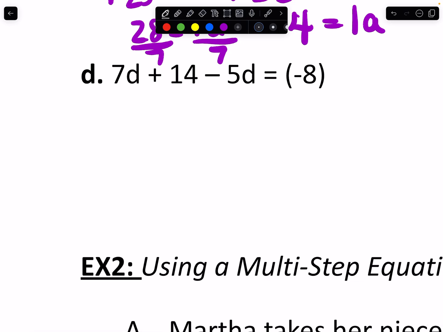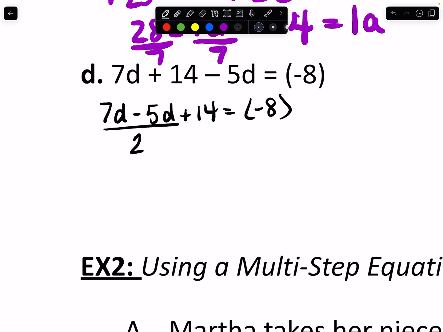I'm going to do it at the same time. Going to rearrange it. 7d minus 5d plus 14 equals negative 8. Going to combine my terms, 7d minus 5d, and I have 2d plus 14 equals negative 8. Inverse operation means opposite operation.